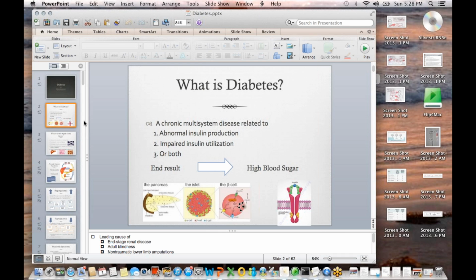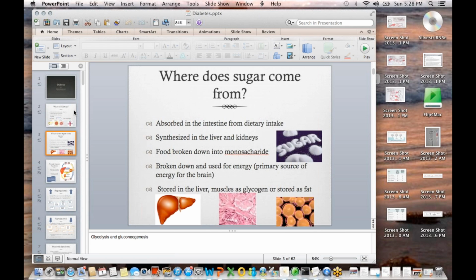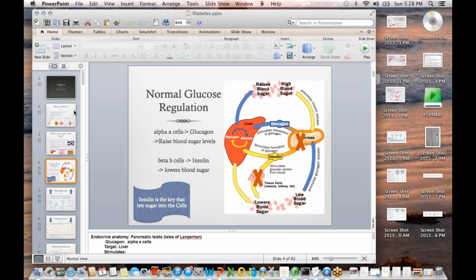You need to understand the difference between type 1 and type 2, some of your medication considerations with your oral agents and with insulin, and all of the education and teaching. The acute complications will be more for critical care, but your chronic complications and your education you want to make sure to cover.